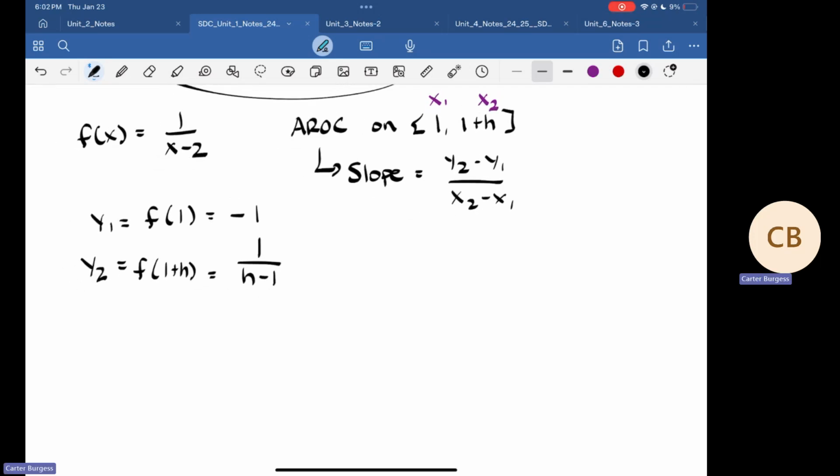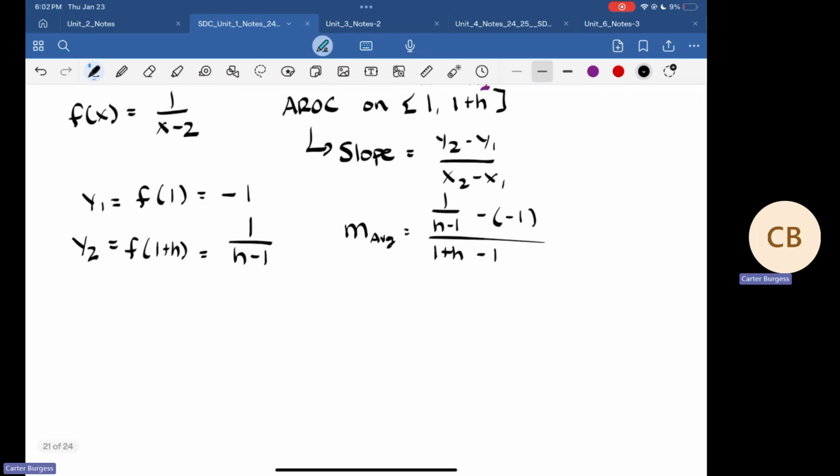All right, we have our x2, our x1, we have our y2, our y1, and so our average rate of change is going to be y2 minus y1 over x2 minus x1.